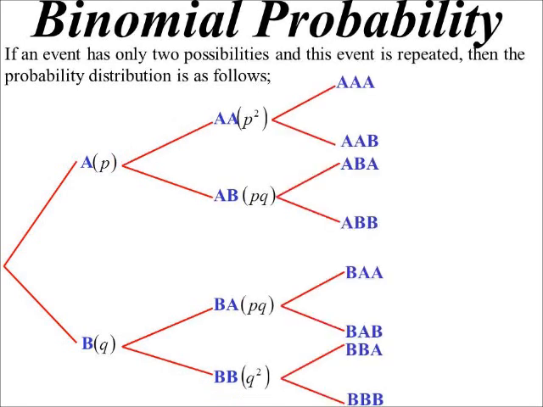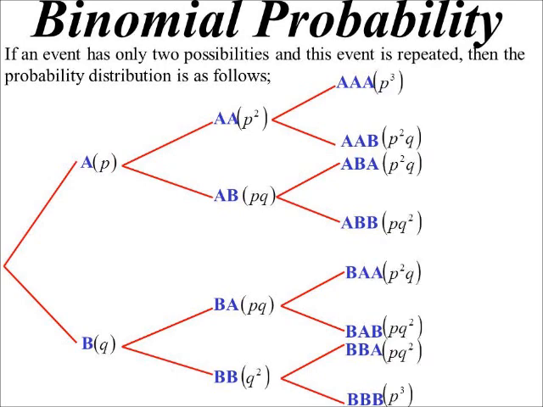Then we'll do it again. Branch off: AAA, AAB, ABA, ABB, BAA, BAB, BBA, and BBB. The probabilities are P cubed, P squared Q, P squared Q, PQ squared, P squared Q, PQ squared, PQ squared, Q cubed.